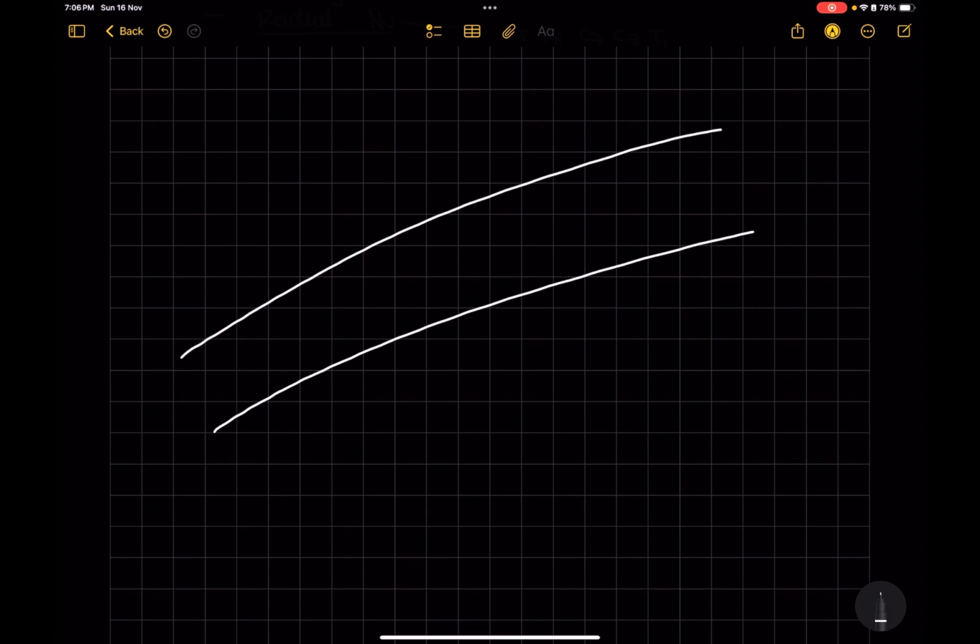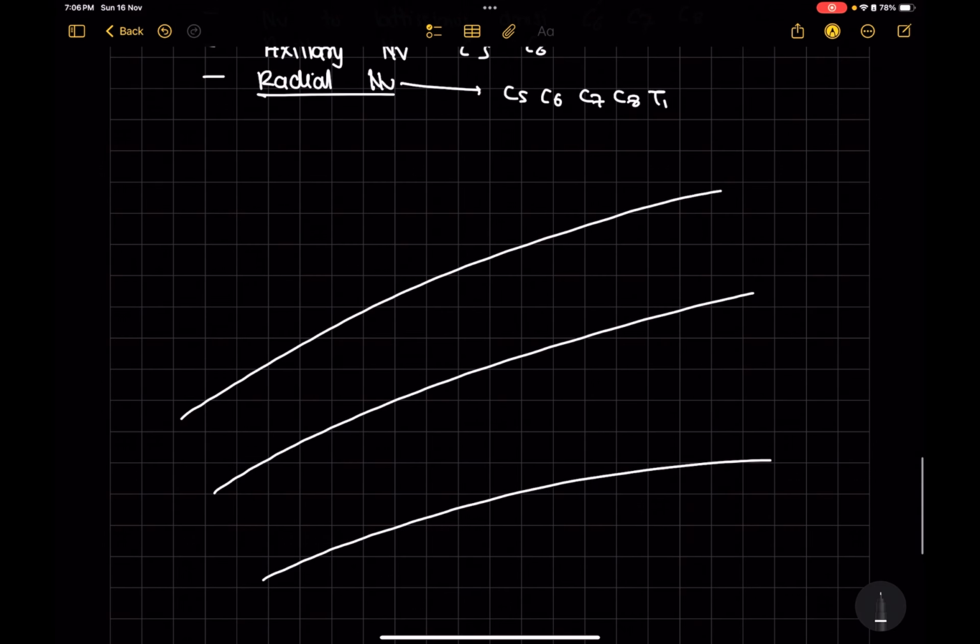First draw these 3 lines. Give them roots. This is C5, C6, C7. There is no root here. Then there is C8 and this is T1.